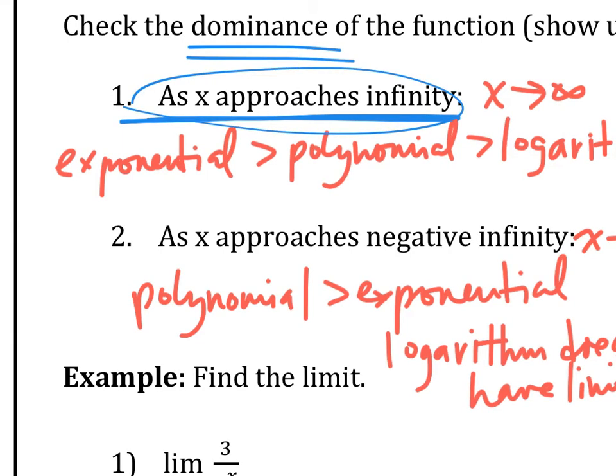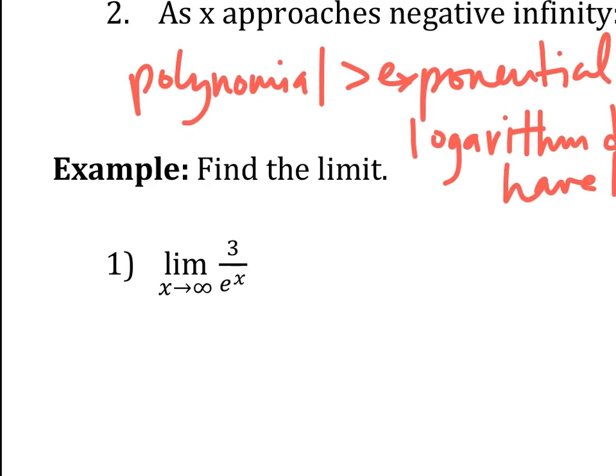So then we follow the rule of dominance: exponential dominates polynomial, dominates logarithm. So this exponential is going to dominate the polynomial, which means it's much, much bigger than the 3 when x is going to infinity. Therefore, this limit is 0.